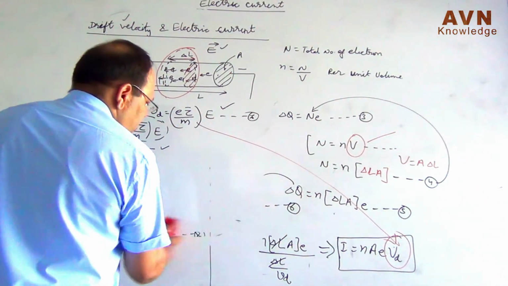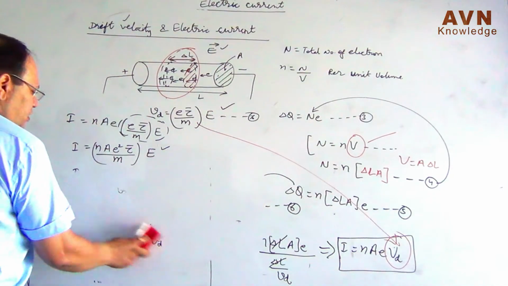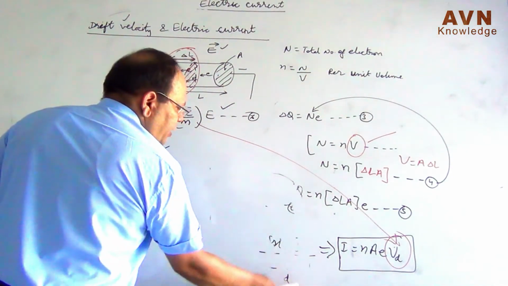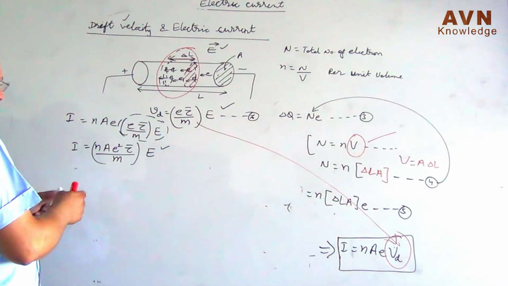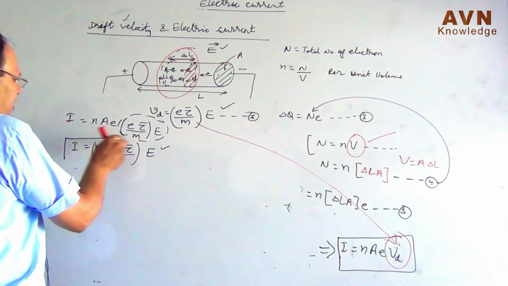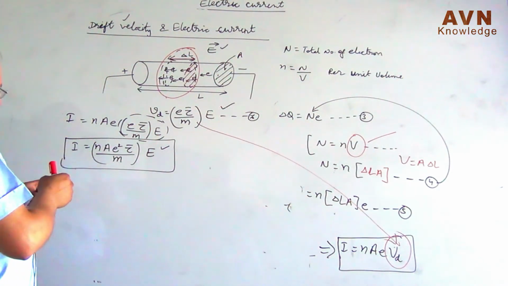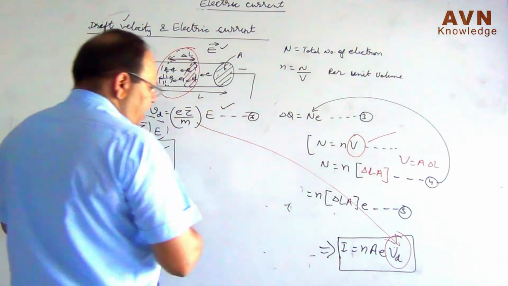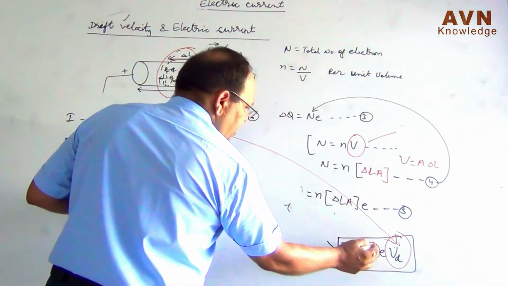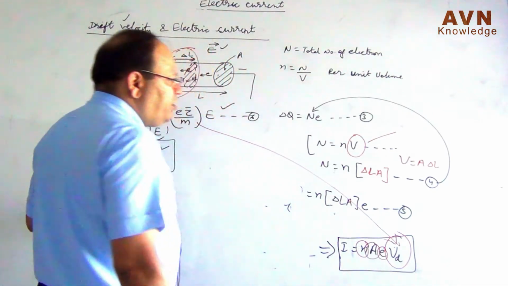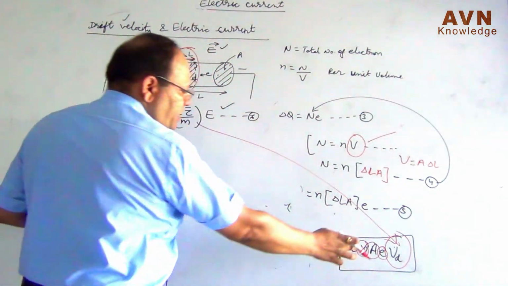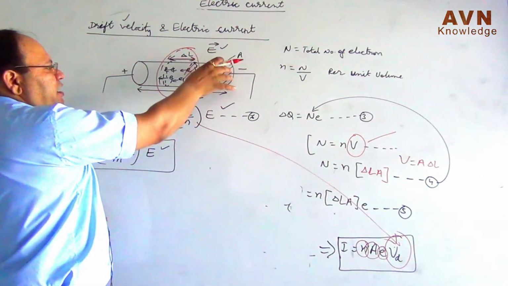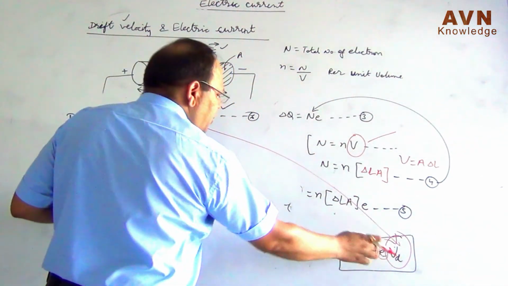drift velocity and electric current? We have already calculated the electric current and drift velocity. This is the electric current and electric field. And n is the number of electrons per unit volume, which is constant, A is the cross section area of this metal, which is constant, e is the charge.